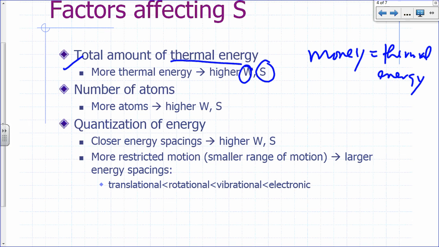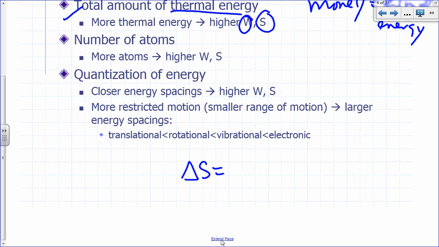All right. How about 5 pennies? More energy now. 3 and 2, 2 and 3, 4 and 1, 1 and 4, 5 and 0, 0 and 5. So there's more ways. So the more thermal energy you have, the more ways you can distribute it, the higher the entropy. And that is why, what did we say delta S was if you add heat to your system? What's the formula we have?